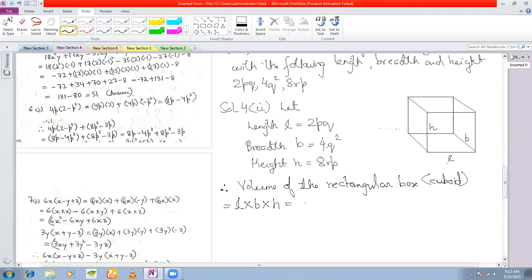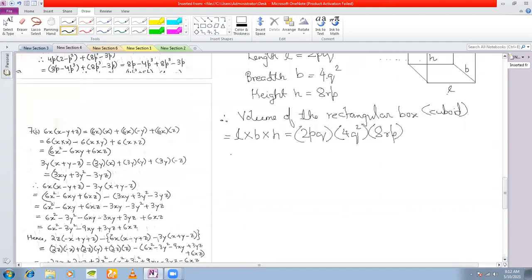So now we put the value for L, B, and H. L here is 2pq. B here is 4q square. When I'm not giving anything between the brackets, that means there is a multiplication sign. You all know that. So this is how you write L into B into H. Now we multiply these three monomials together.